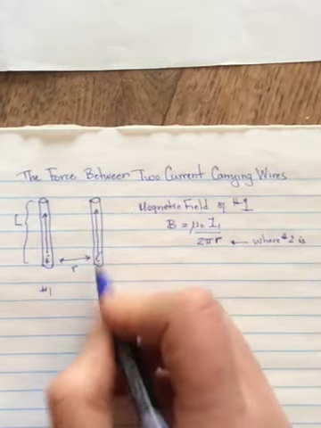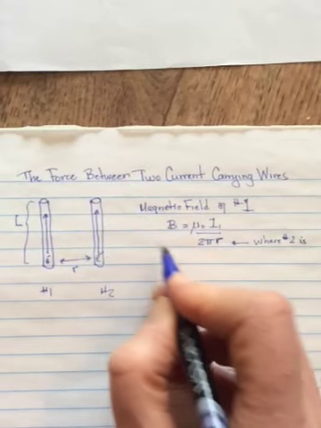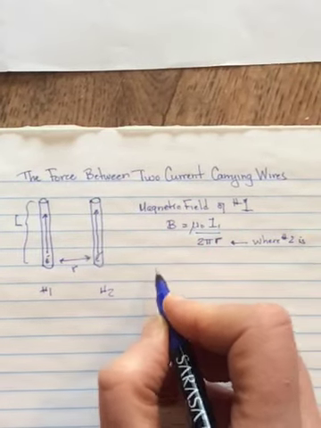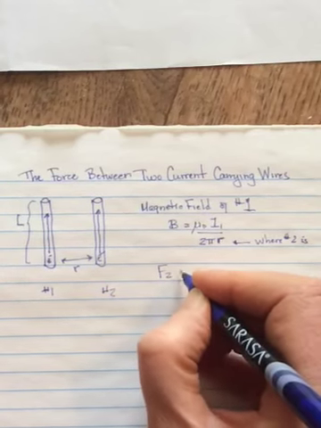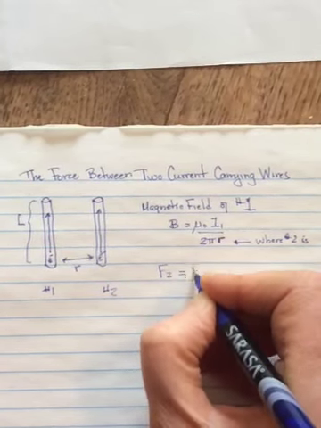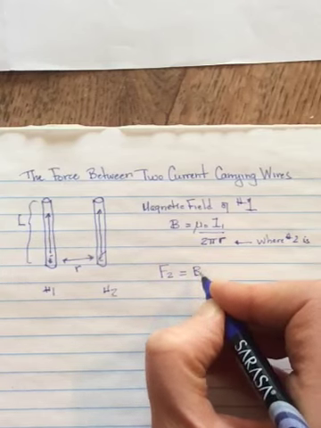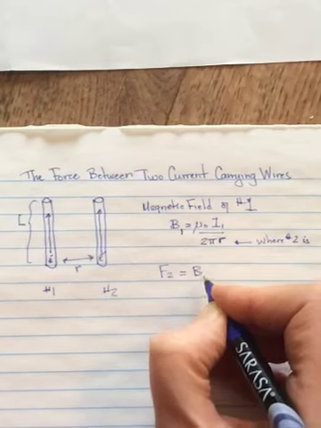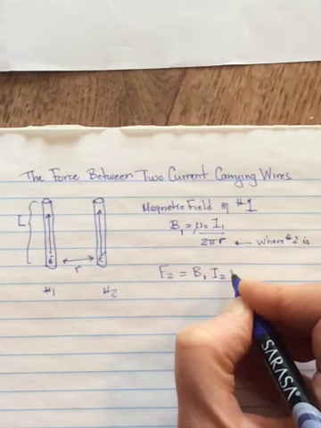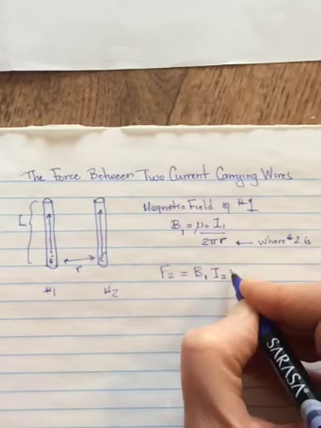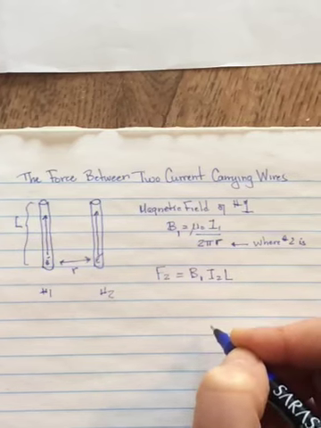So this second wire is going to experience a force because of this field. And so the force on the second wire, F2, would be equal to just B from the first wire, call this B1, times I from the second wire, times L, the length that's in the field. Okay?